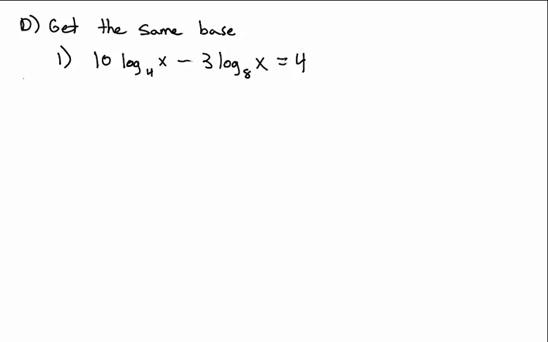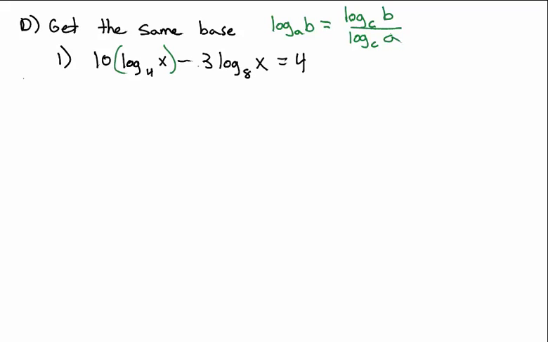With 8 and 4, if we were talking about exponents, 8 and 4 would have a common base of 2. 4 is 2 squared, and 8 is 2 cubed. So we are going to use the change of base formula. Remember, the log base a of b is equal to the log base, our convenient number, base c, of the inside divided by the log base c of the old base.